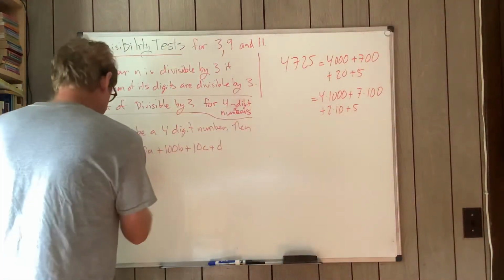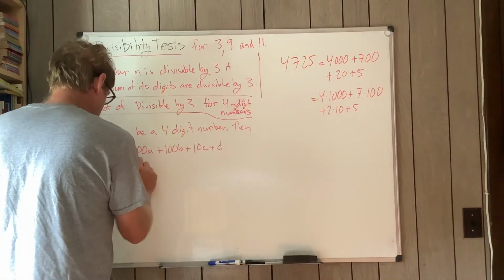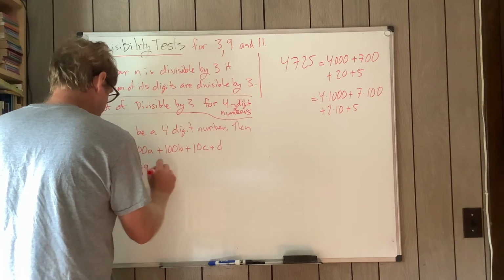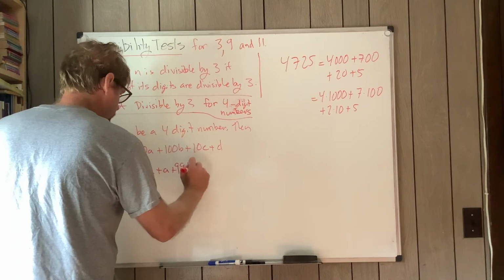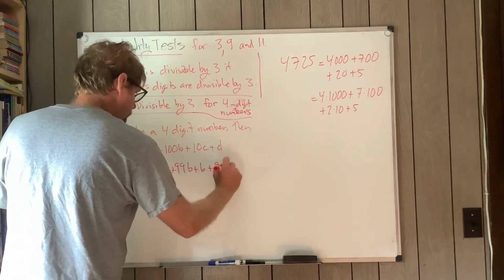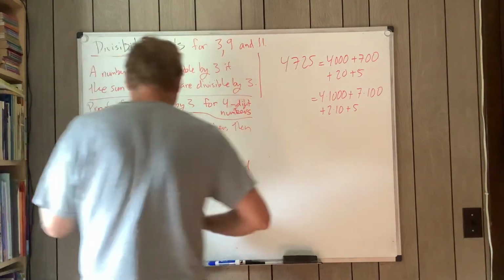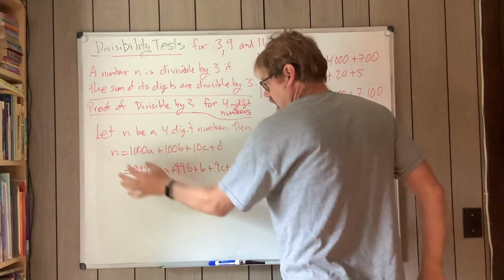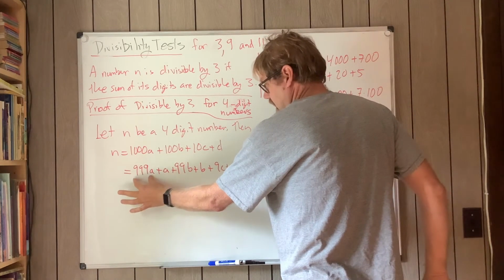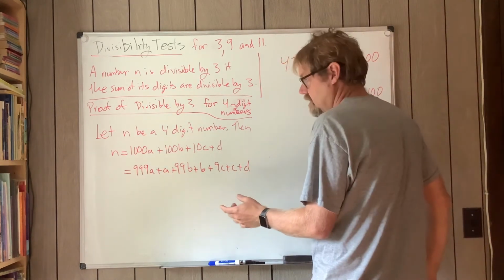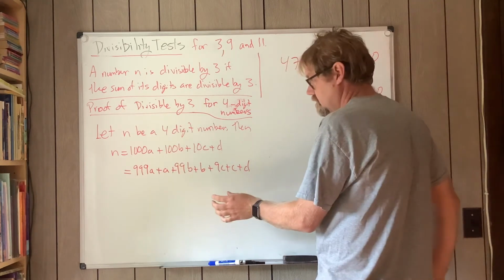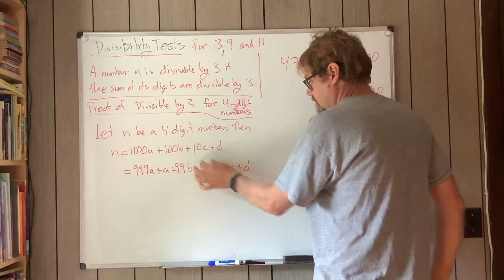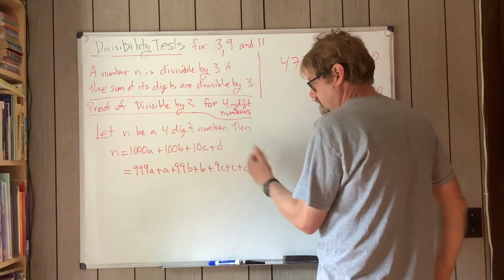Okay. Then here's what I'm going to do. I'm going to write 1000A as 999A plus A. I'm going to write 100B as 99B plus B. 10C is 9C plus C, and D is just itself.